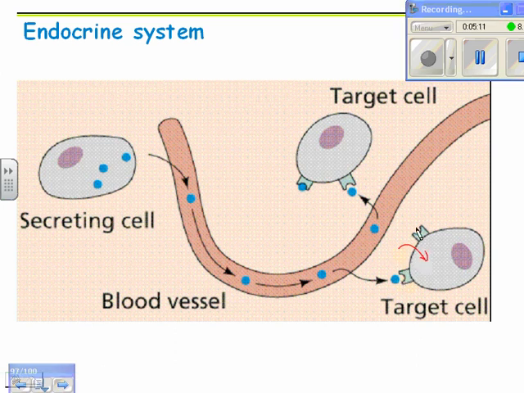And maybe this is a liver cell, and once the insulin is there, the sugar will come into this cell, and you'll make glycogen from it. There's another cell here, though. Let's say this is, I don't know, what's not affected by insulin? Maybe your skin. Well, then there'd be no receptors for insulin on here. There'd be receptors for other stuff, but not for insulin.